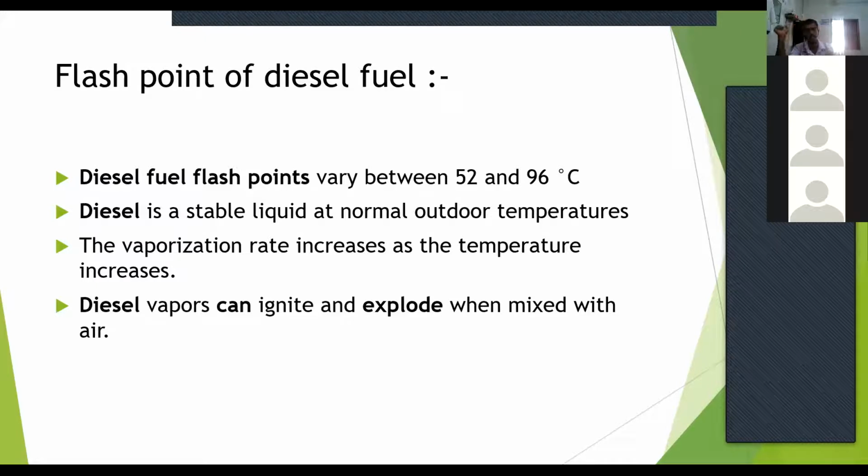We can keep it in our home, it is not dangerous, because the flash point temperature is more than 50, so it does not cause any damage. But petrol is not like that, right?